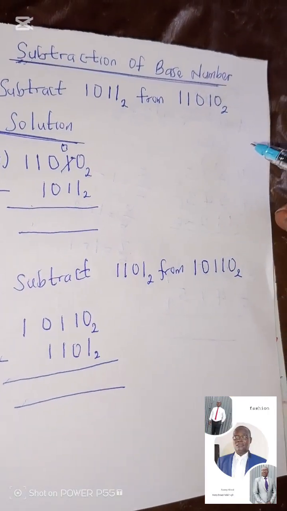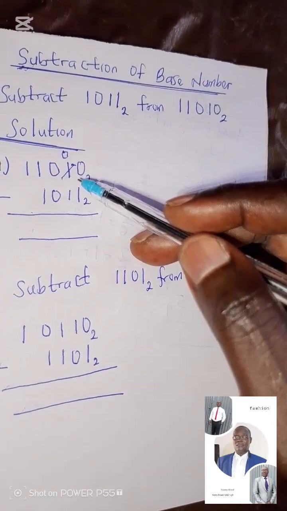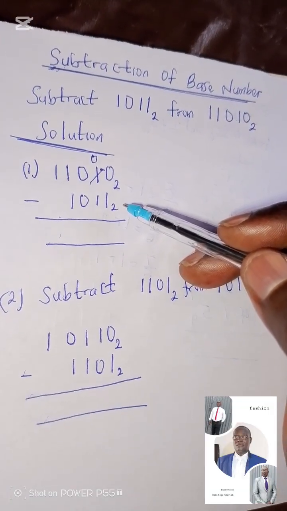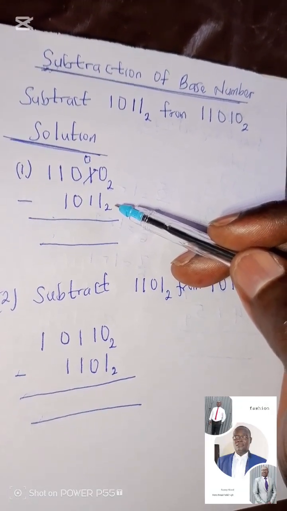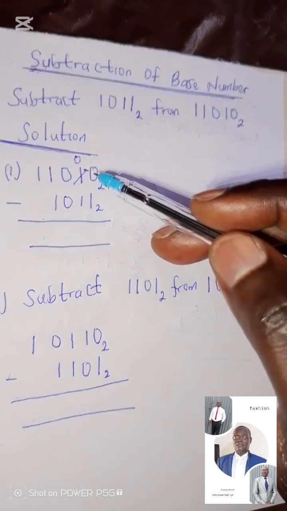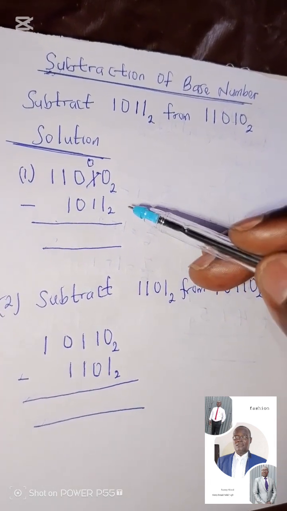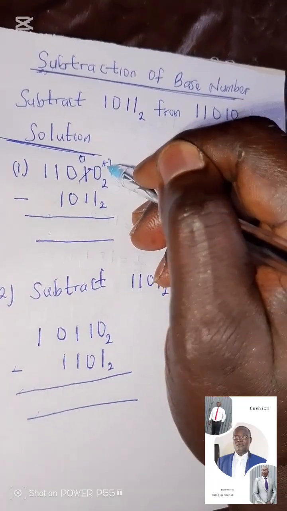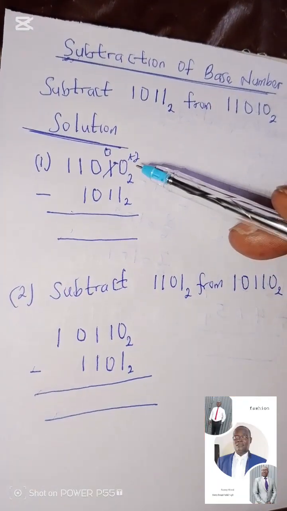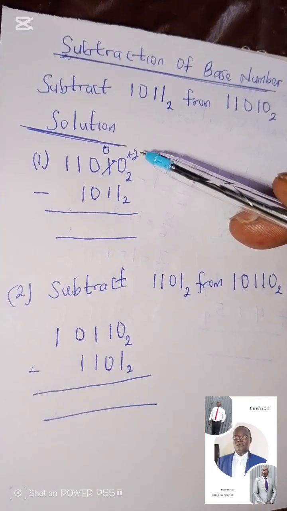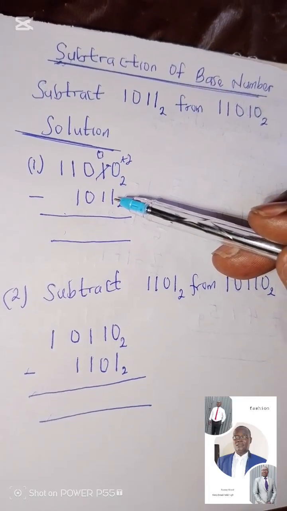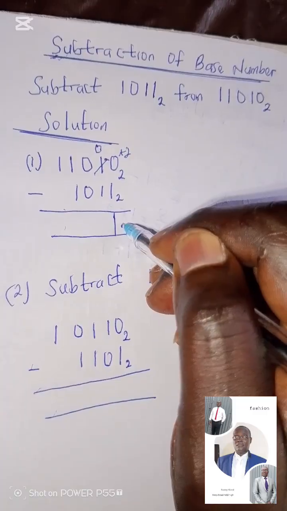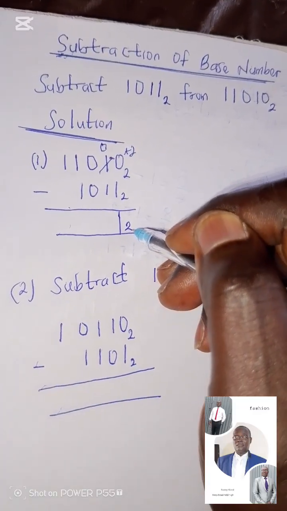Now, that 1 you borrow from here is equivalent to the base that you are subtracting in. So you are subtracting in base 2, so the 1 you borrow here is equivalent to 2. So you add 2 to this number. Here you now have 0 plus 2, which is 2. Then if you take away 1 from 2, it remains 1. Remember, you are subtracting in base 2.